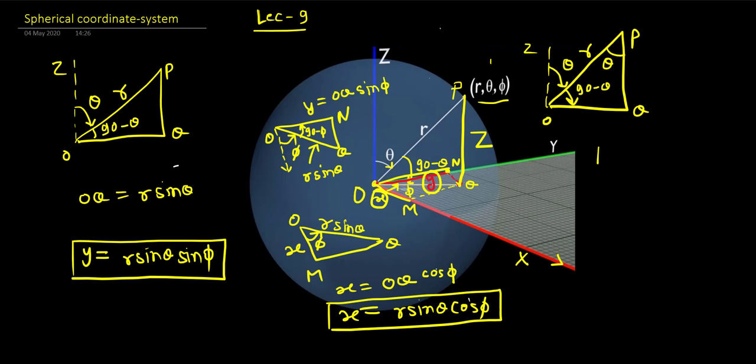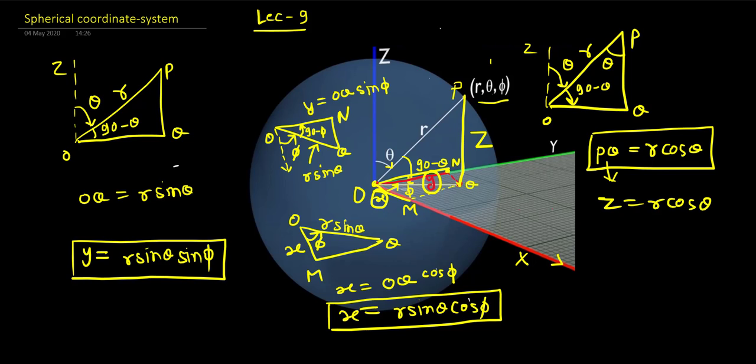So distance PQ would be r cos theta. Just consider this triangle OPQ and apply the formula for cosine theta. So PQ is our distance z, so z is equal to r cos theta.